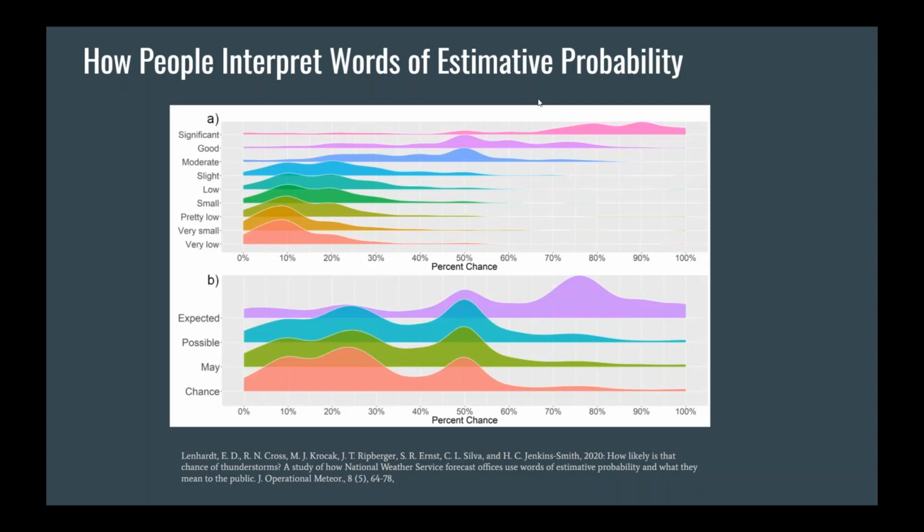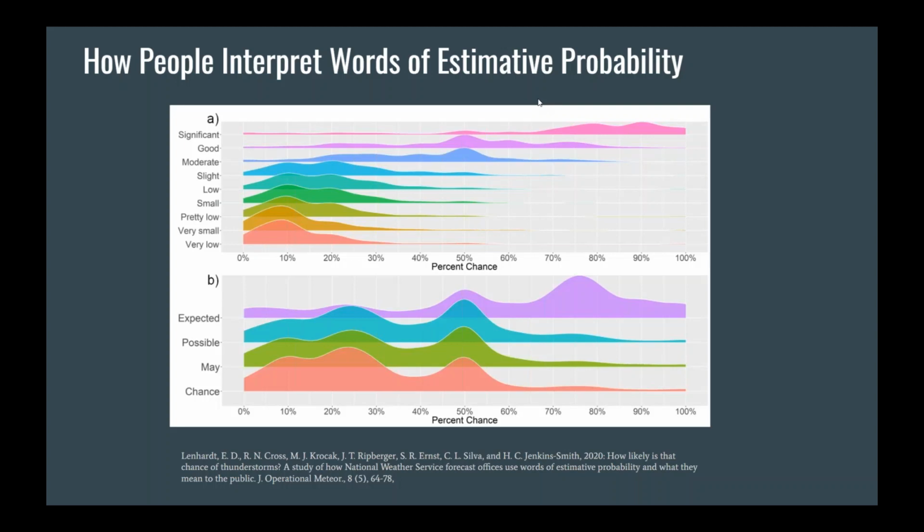So when you say the word chance, and we have a very specific percentage range for chance in the National Weather Service, that's not how people interpret it. Without the number alongside it, just using the word chance or the word possible in a weather graphic or a tweet, it's going to be interpreted many different ways.